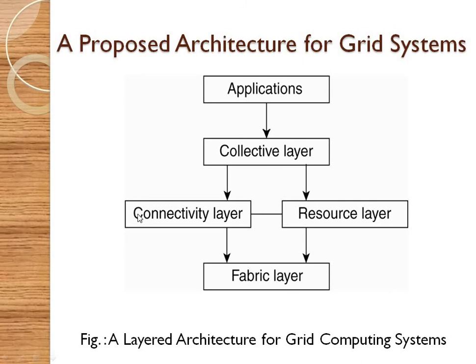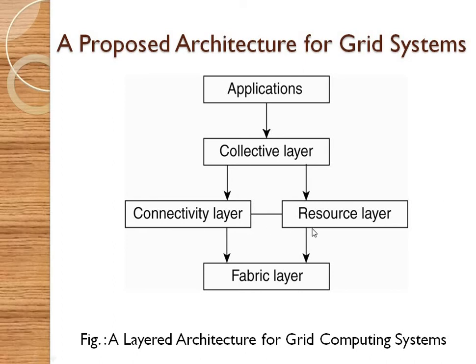The second is the connectivity layer, which consists of communication protocols for supporting grid transactions that span the usage of multiple resources. For example, protocols are needed to transfer data between resources or to simply access a resource from a remote location.